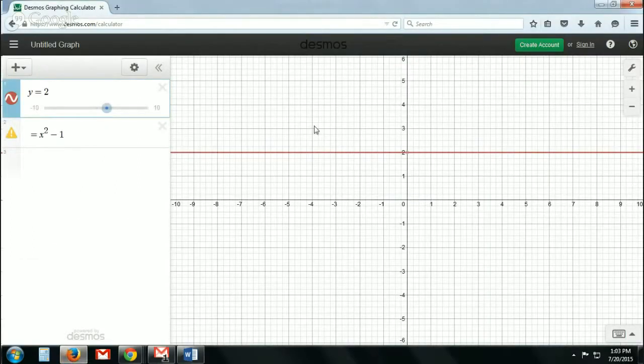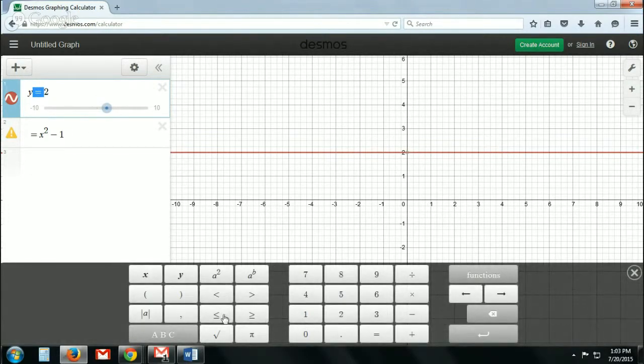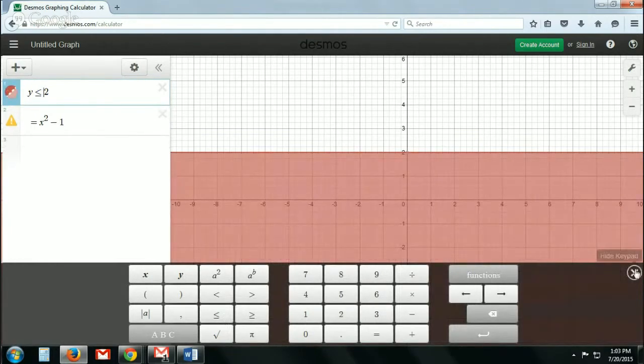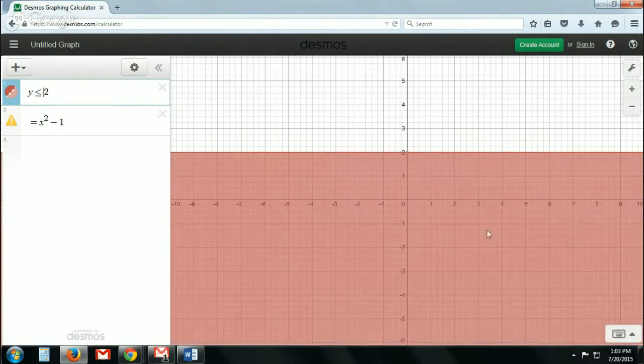So y equals 2 is this horizontal line. Now, things that are less than or equal to that include the line, and it is also going to be stuff that would be below the line. So when we make it y less than or equal to 2, it would look like this. Below the line is true for y less than or equal to 2.